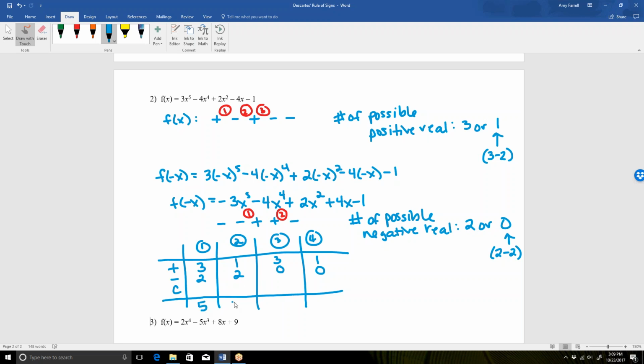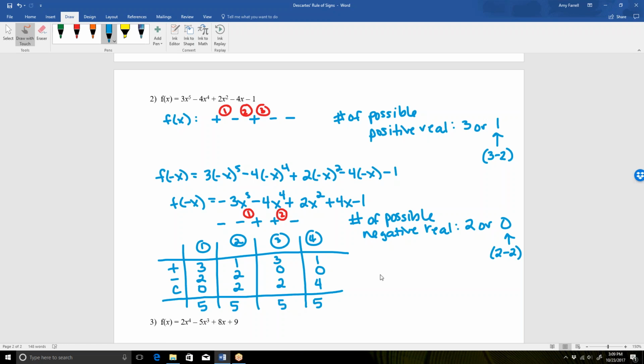Now remember that our total number of zeros needs to add to the degree of the polynomial function, which is the largest exponent, which in this case is 5. 3 plus 2 plus 0 is 5. 1 plus 2 plus 2 is 5. 3 plus 0 plus 2 is 5. 1 plus 0 plus 4 is 5.